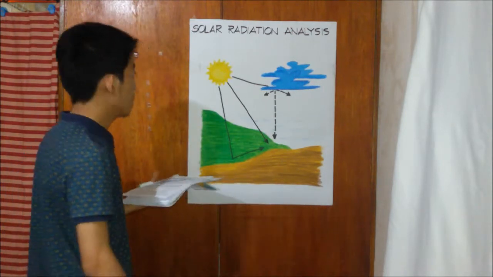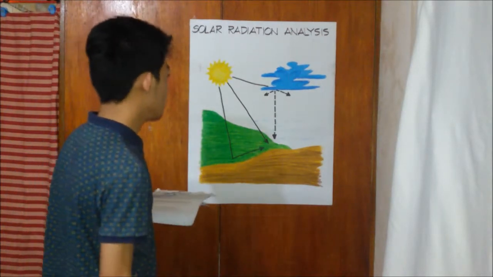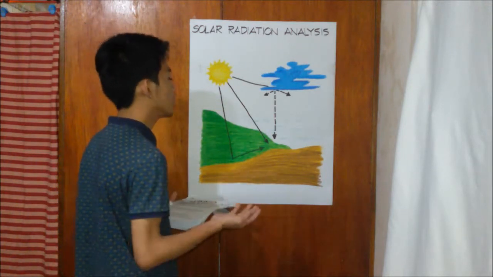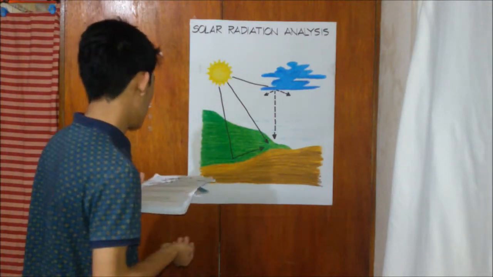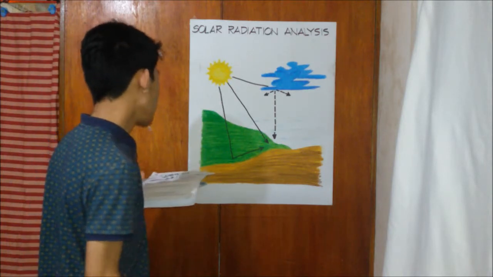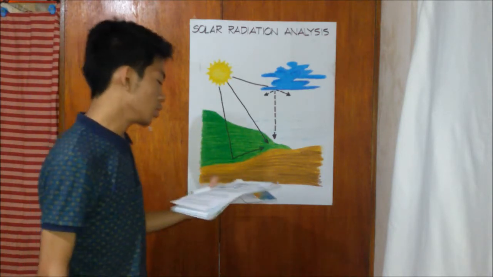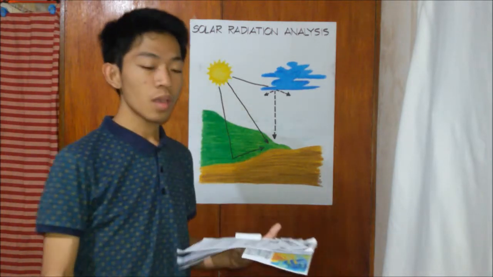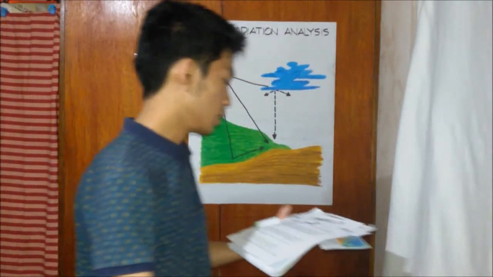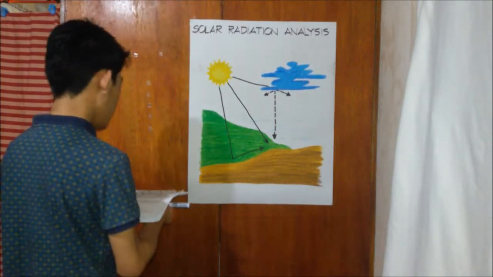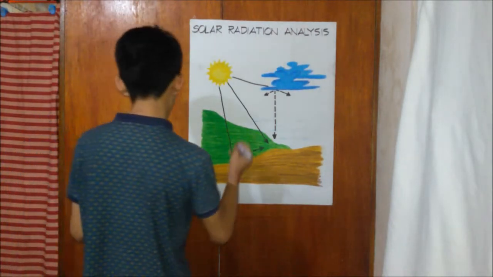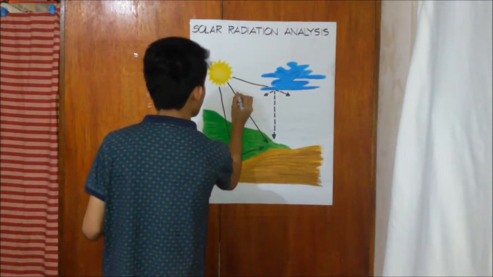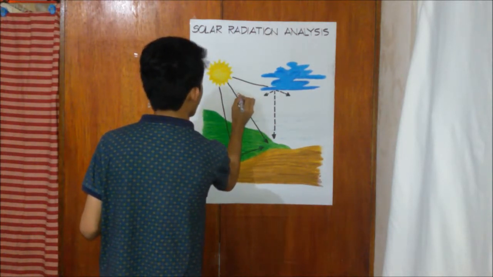So, in this illustration, you can see the sun, cloud, and dust. Direct radiation is intercepted and impeded in a direct line from the sun. This is the direct.